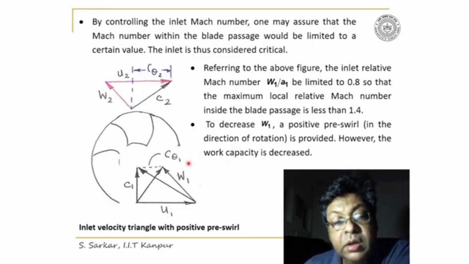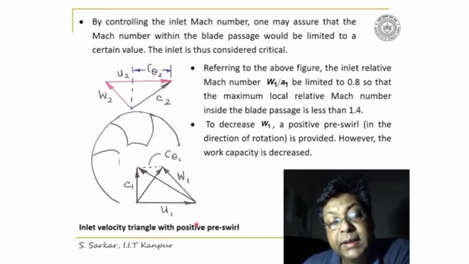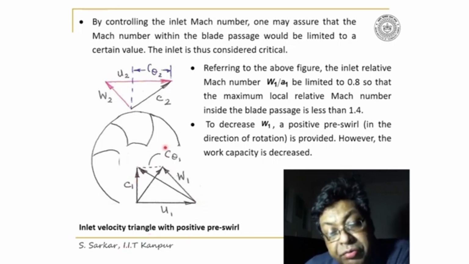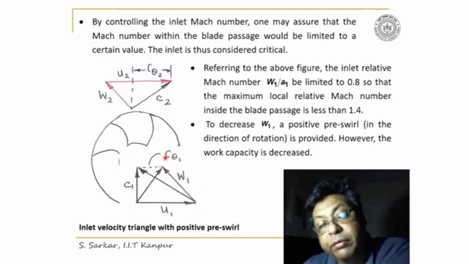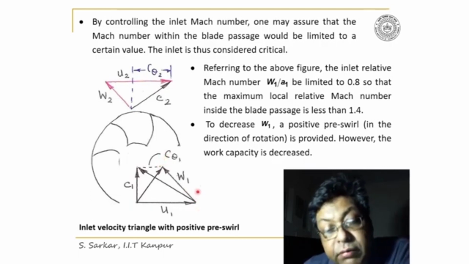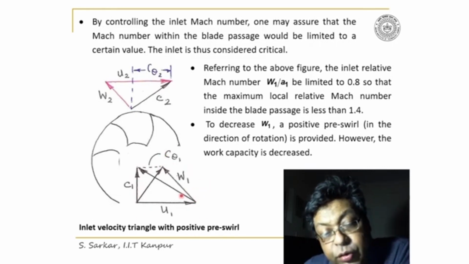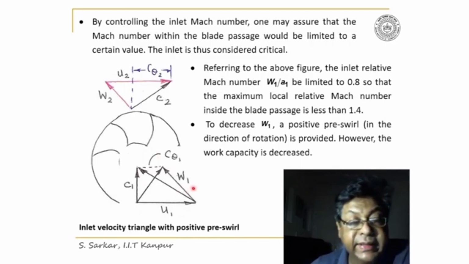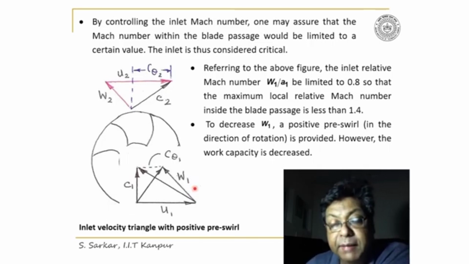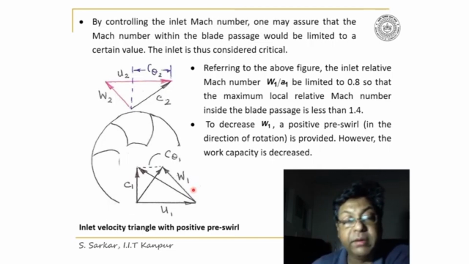Look, W1 is the relative velocity without pre-whirl, and again I have shown another triangle with pre-whirl. Hope you will appreciate that with pre-whirl, W1 is less than the W1 without pre-whirl.